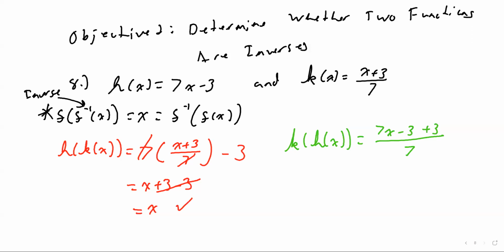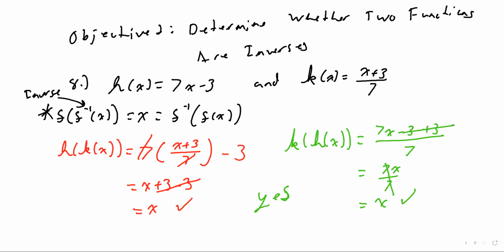What's going to happen to the negative 3 and the plus 3? They cancel out, leaving me with 7x over 7. What are the 7's going to do? They go away. I'm left with x. Therefore, the answer is yes. Right? Questions on how to do that?